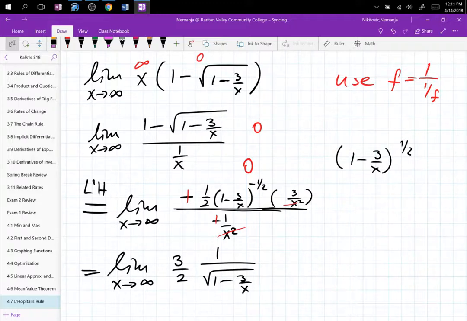So now plug in. When you plug in infinity, 3 over x goes to 0, and you have 1 divided by 1 is 1, so just 3/2 survives in front.